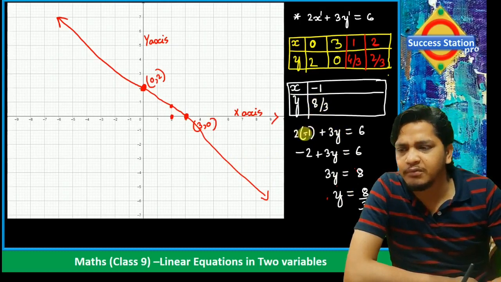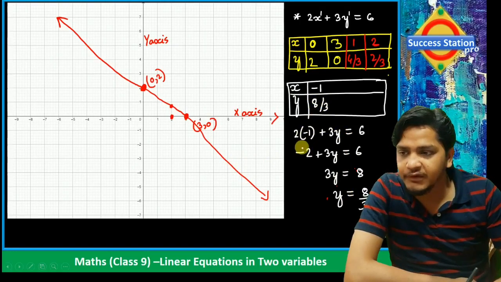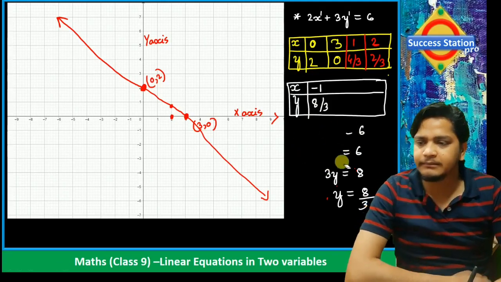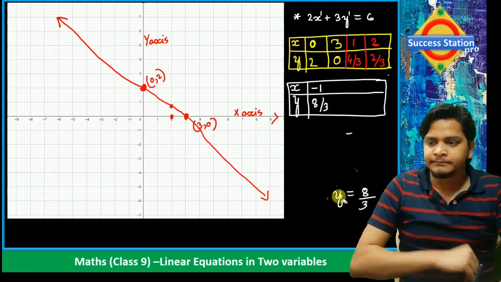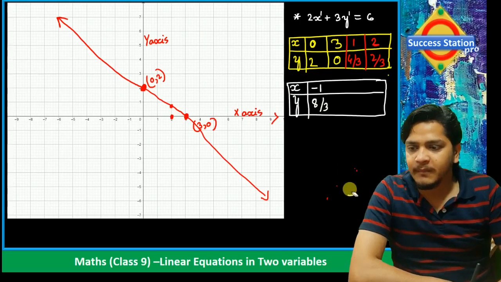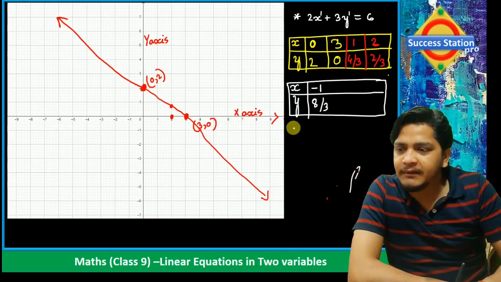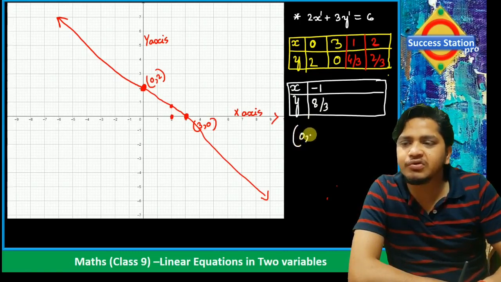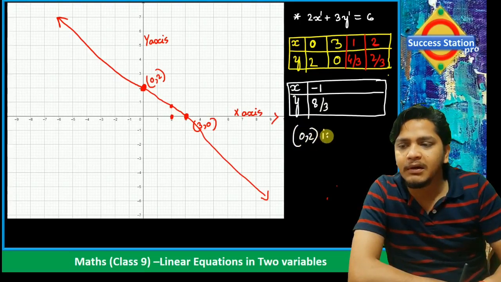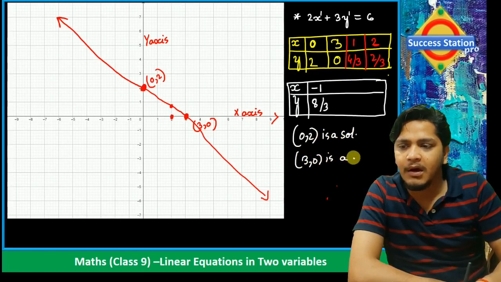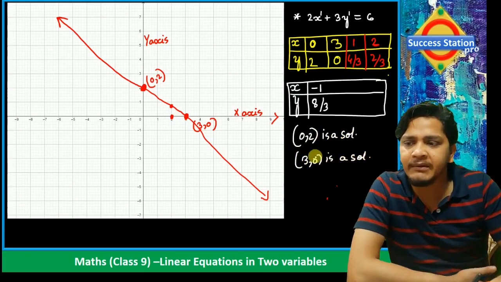So what do you observe for a linear equation in two variables? You observe that (0, 2) is also a solution. (3, 0) is also a solution. How? Because these two are satisfying my equation.